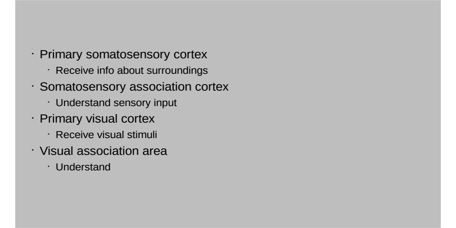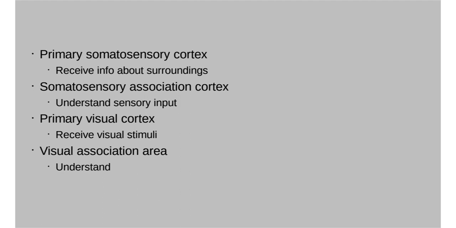The primary somatosensory cortex is the area where we have all of this information coming in about our surroundings. And at this point, it doesn't mean anything. It's just from various sources, touch, hearing, smell, all of this information coming in to your brain.